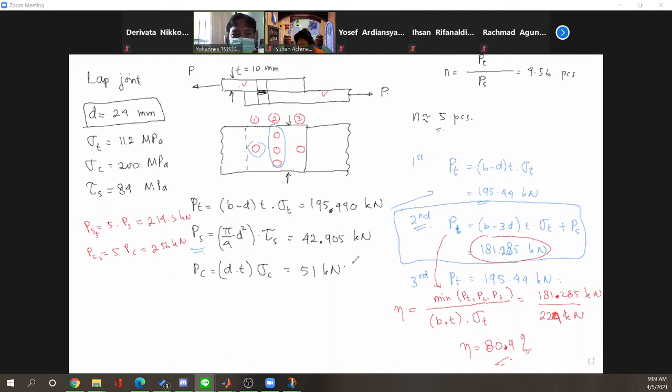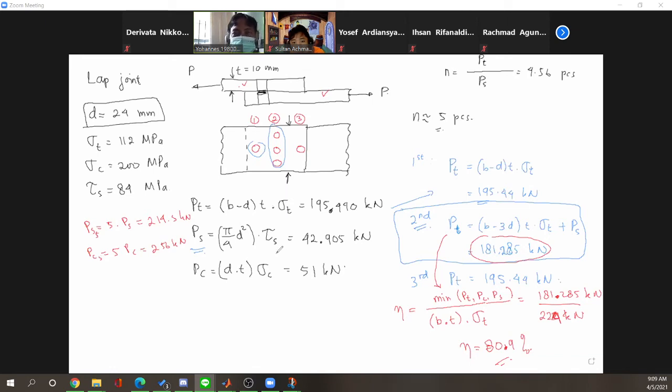Okay, so I hope that you recognize the difference between the design of a single lap joint and the design of the double strap butt joint. Sultan and other friends already identified the difference between these two designs.